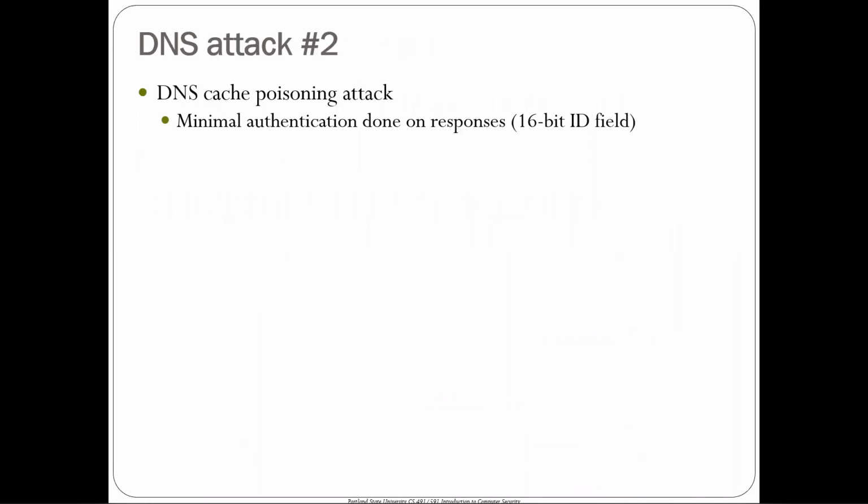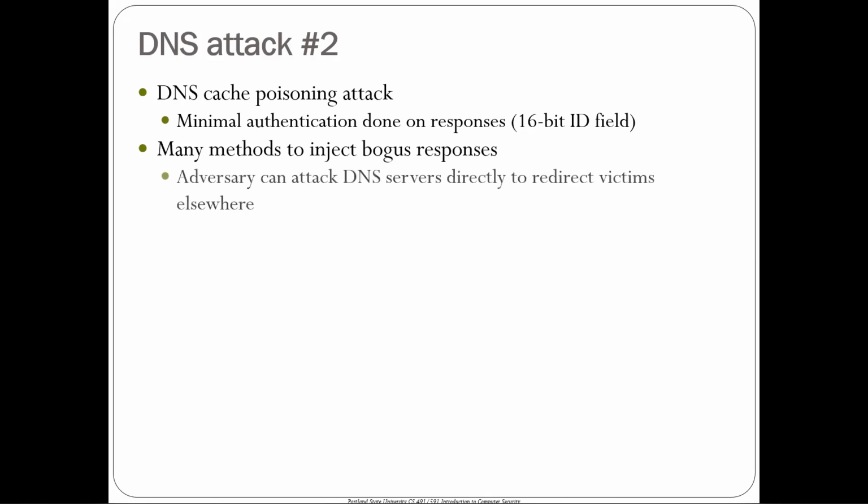All right. The next attack is this cache poisoning attack. Because there's minimal authentication being done on the responses, you have a problem with integrity. So there are a lot of ways of doing this cache poisoning. The adversary can attack the DNS servers directly.